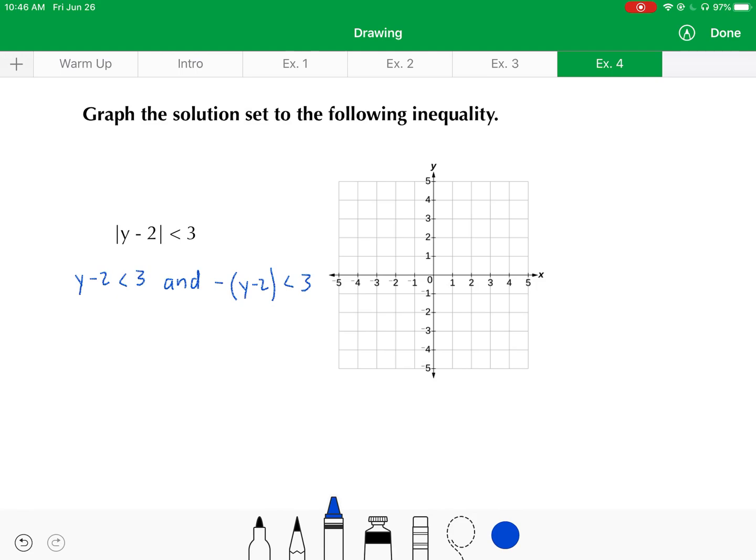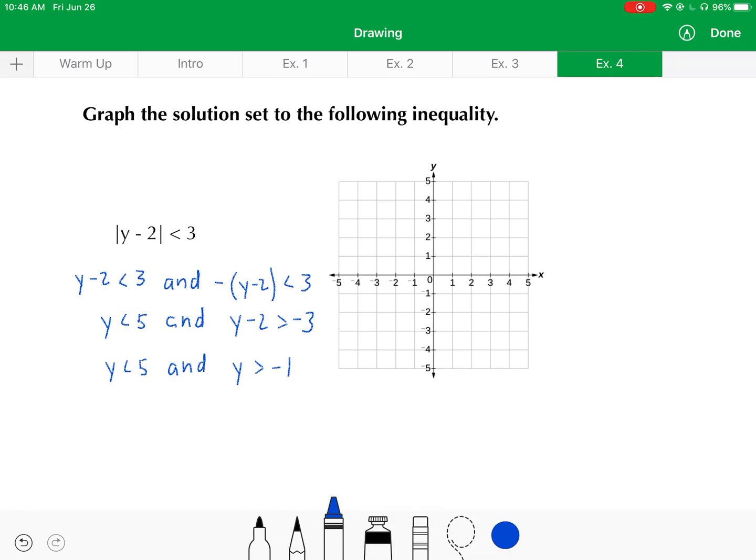Okay? Solving each half, I'll get y is less than 5, and then I'll divide by a negative here. So y minus 2 is now greater than negative 3. Notice I flipped the inequality symbol. y is less than 5, and y is greater than negative 1.